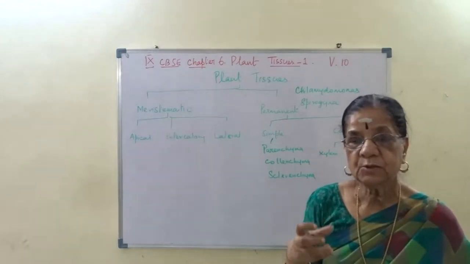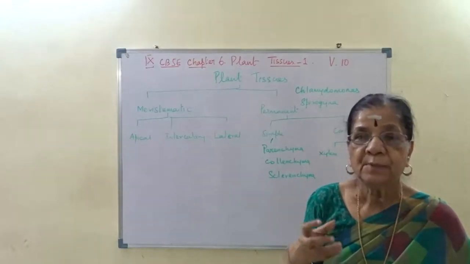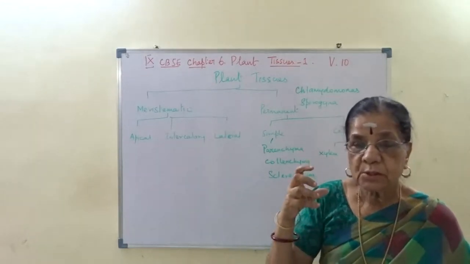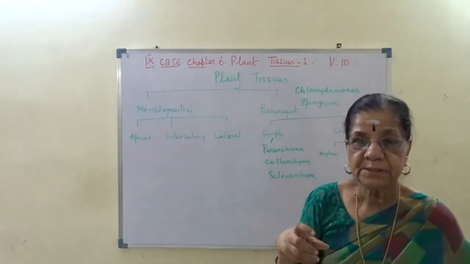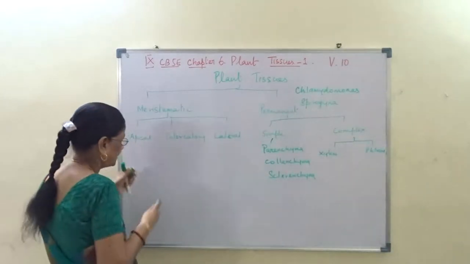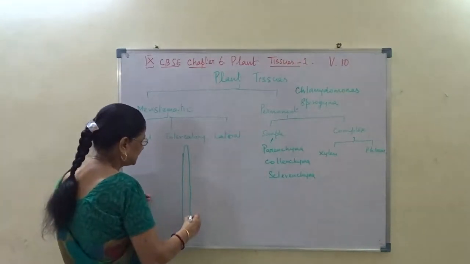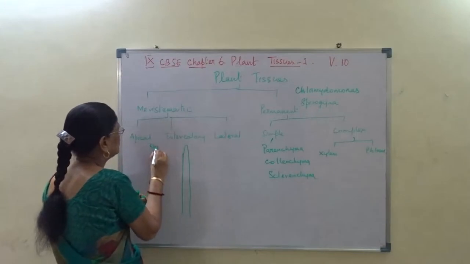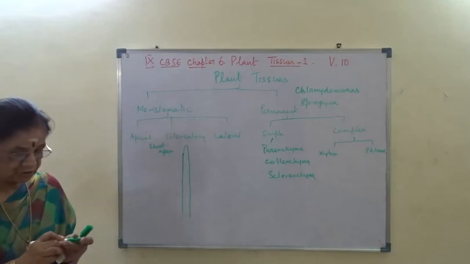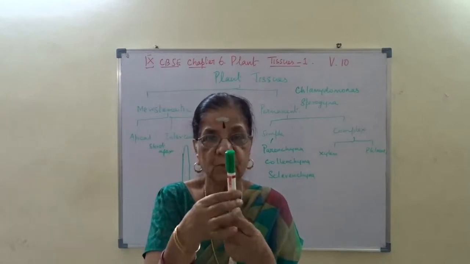The region where growth can be identified is called the meristematic region. Otherwise we say the root tip and the stem tip. The stem tip we call the shoot apex. Suppose I am holding a small twig, the stem.